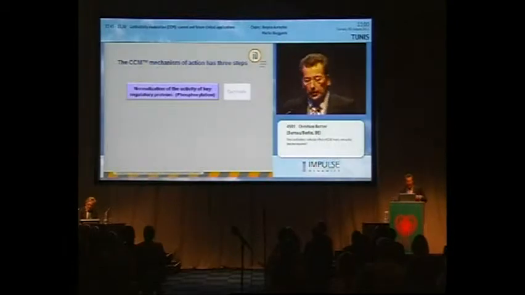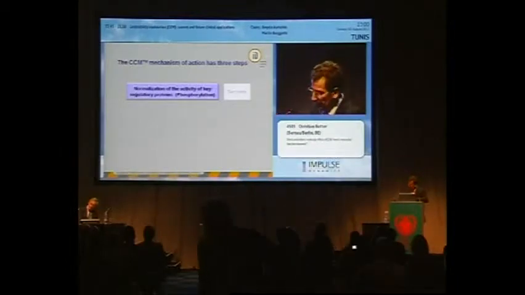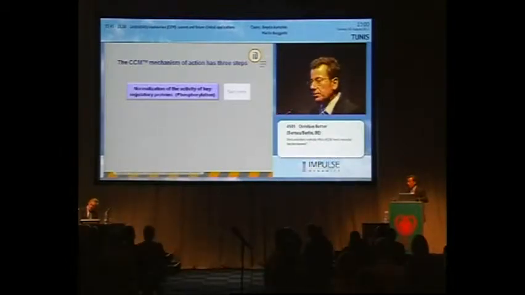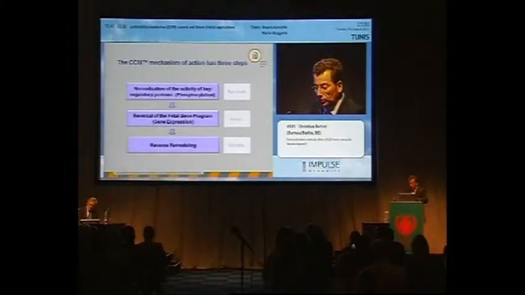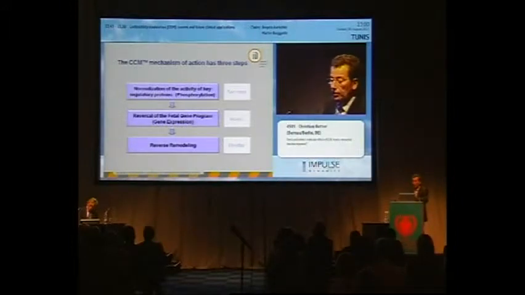Currently, we are convinced that it's not one step. It's different to CRT, where we see immediately, just beat by beat, an improvement of LV contractility. In CCM, it's probably several steps which are needed to result in a reverse remodeling. First, which happens within a few seconds, is the impact on the regulatory proteins.